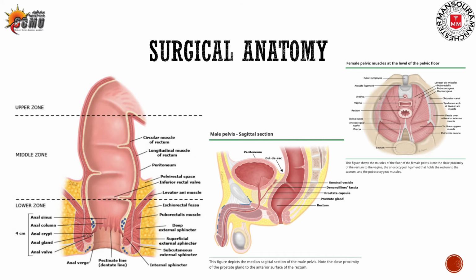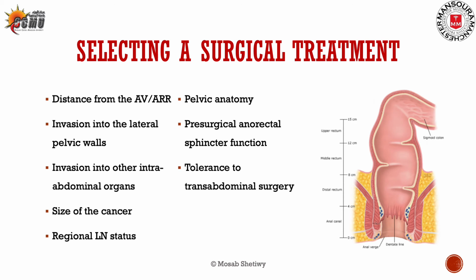You should be aware of the surgical anatomy of the rectum, its relations to the surroundings, especially to the pelvic floor, the sphincters, and so on. In selecting a surgical treatment for a patient with rectal cancer, the surgeon must be aware of the following items: the distance of the lesion from the rectal ring and the anal verge.